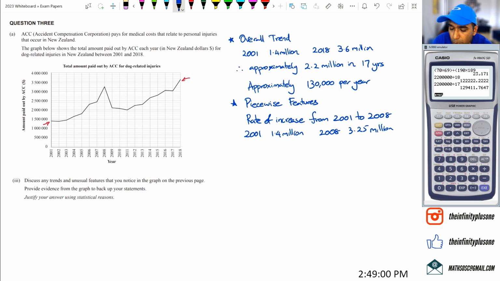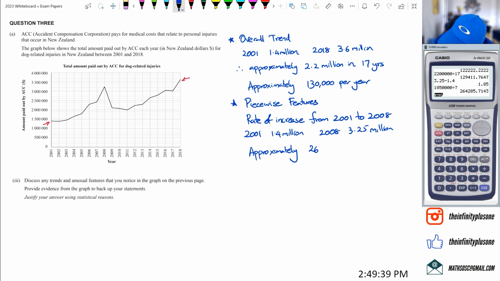So 3.25 minus 1.4 is 1.85 million, divided by 7. Hang on, let me just see, I might be doing something wrong here. No, that looks alright. So approximately 265, let's go 260,000 per year.